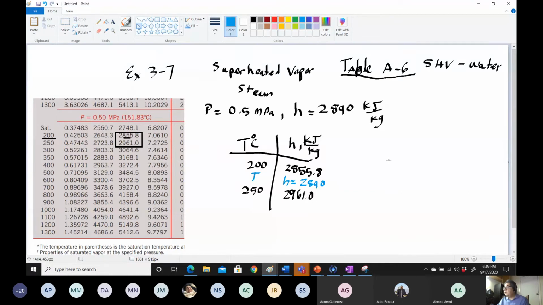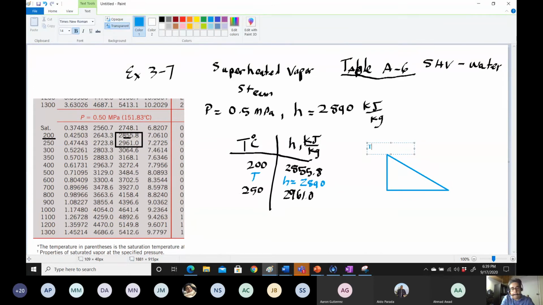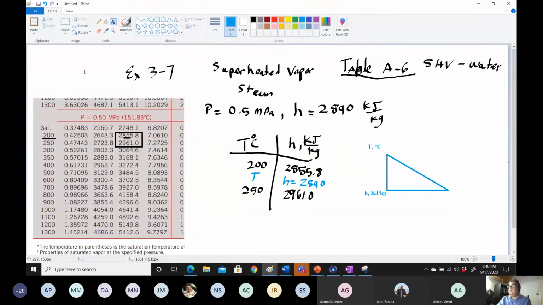Okay, so on the left column, on the vertical axis, you say this is temperature, and on the horizontal axis, you say this is H. So at the high temperature here is 250, and the low temperature here is 200.